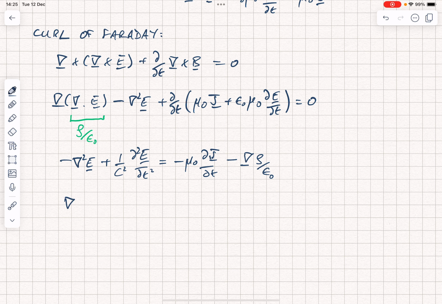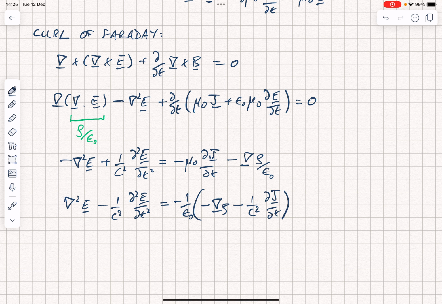So the final result is as follows: del squared of E minus 1 over c squared d2E by dt squared, that's our familiar wave equation on the left hand side, is equal to minus 1 over epsilon naught times minus grad rho minus 1 over c squared, that's just epsilon naught mu naught, dJ by dt.